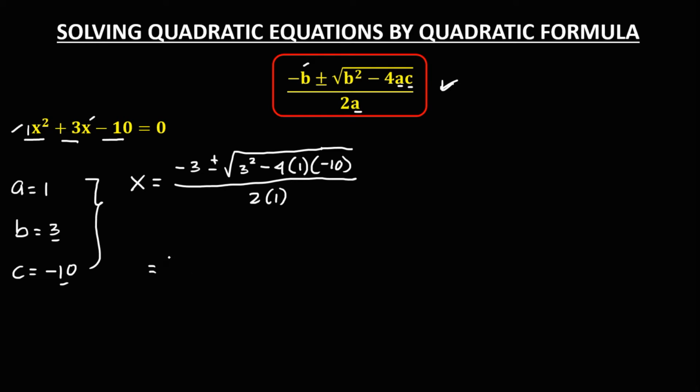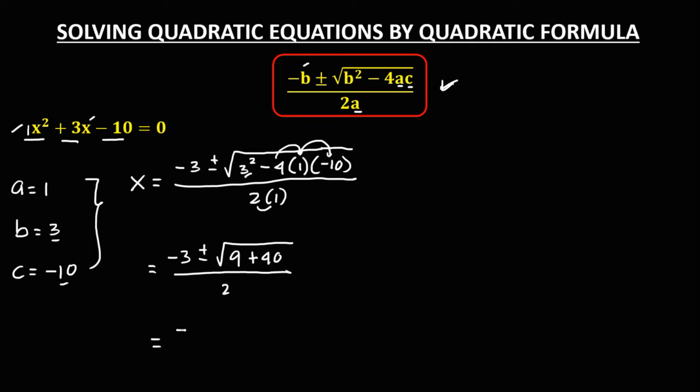Then simplify. We have negative 3 plus minus the square root of 3 squared, that's 9. Then negative 4 times 1, that's negative 4. And negative 4 times negative 10, negative times negative is positive, so positive 40, then over 2 times 1, that's 2.